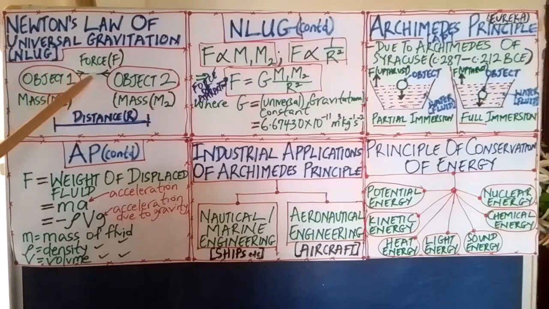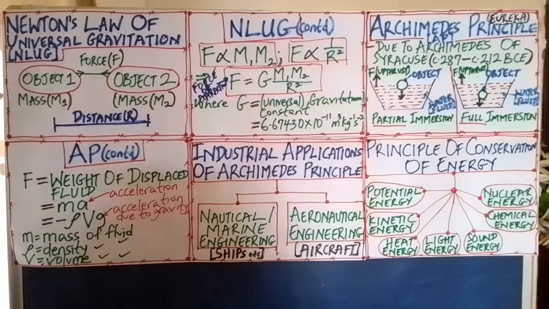So we can see there is attraction between the two objects. The force of attraction is denoted by F. And we can see the distance between object 1 and object 2. We have drawn it based on their center of gravity. Okay? So the distance between them is denoted by r.